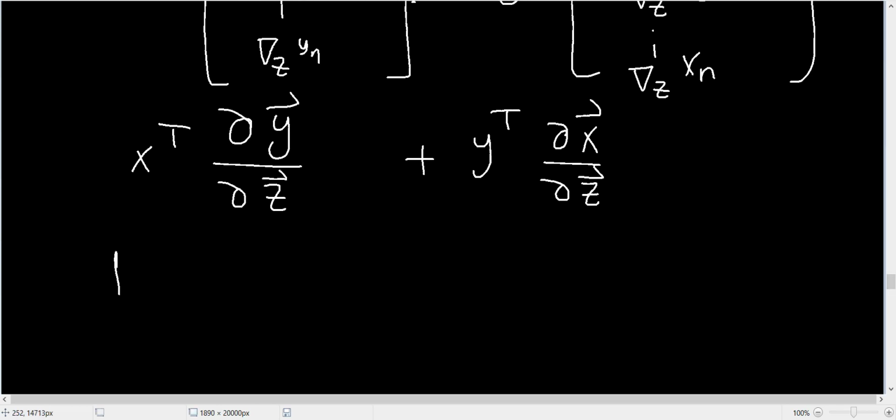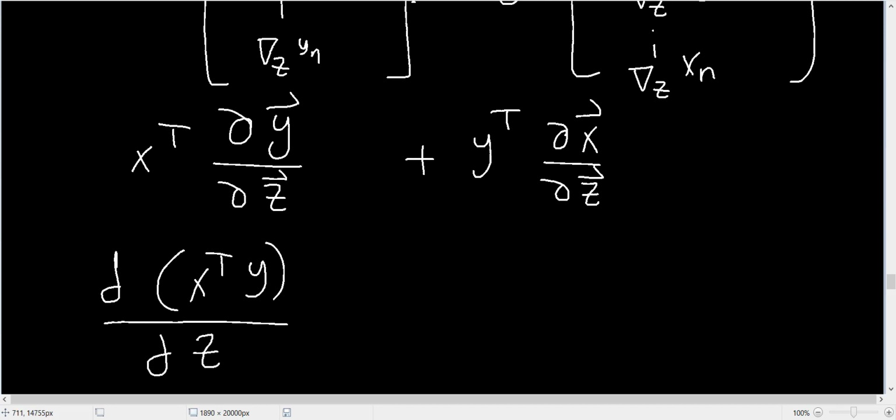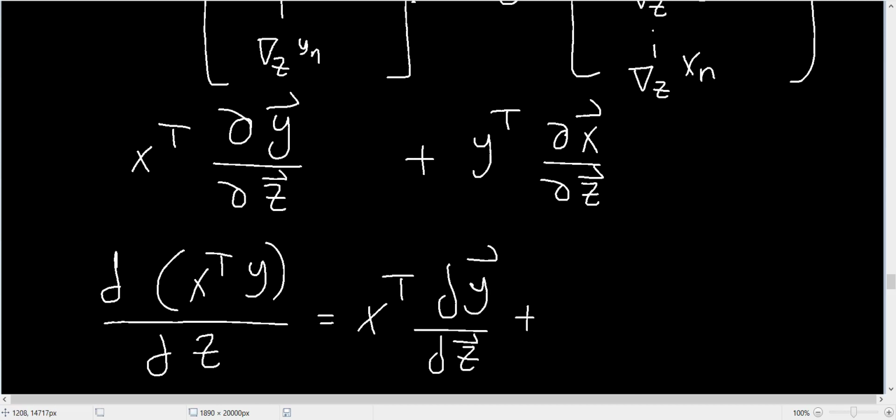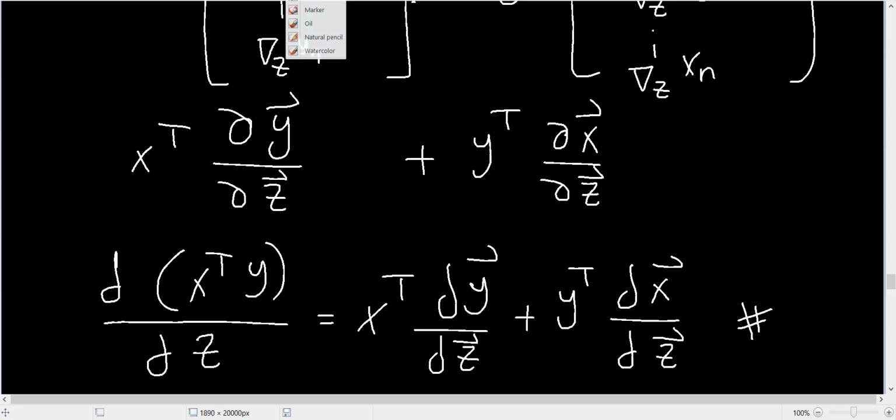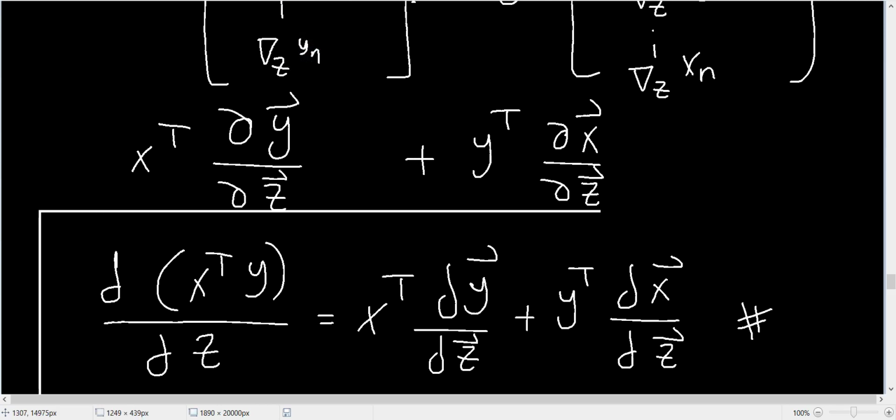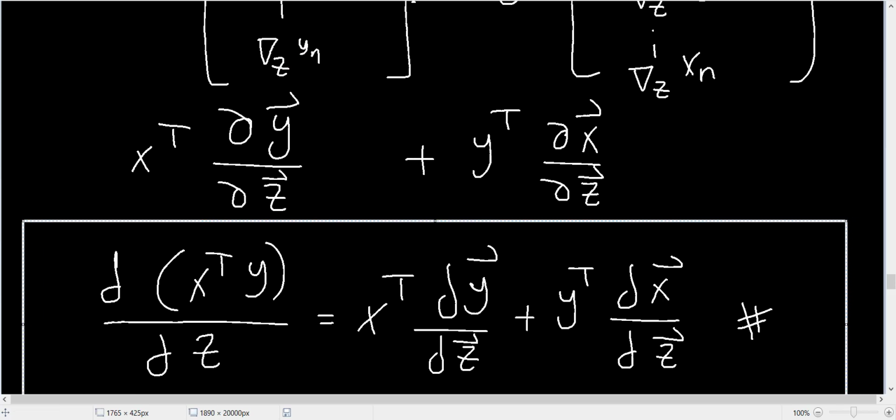The derivative of x transpose y with respect to z is equal to x transpose dy by dz plus y transpose dx by dz. So this can be thought of as our third product rule. Let's put it inside a box and have this as the third product rule.